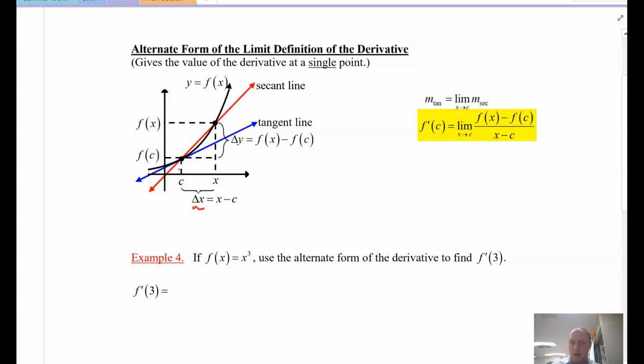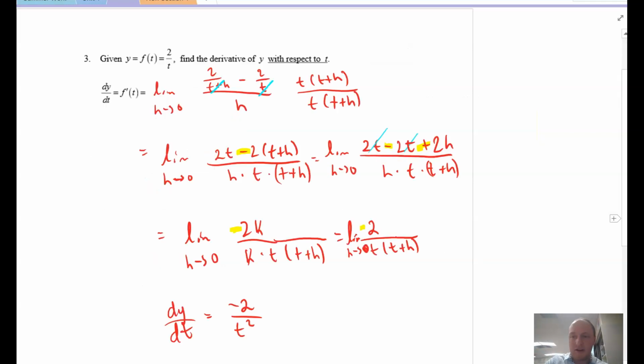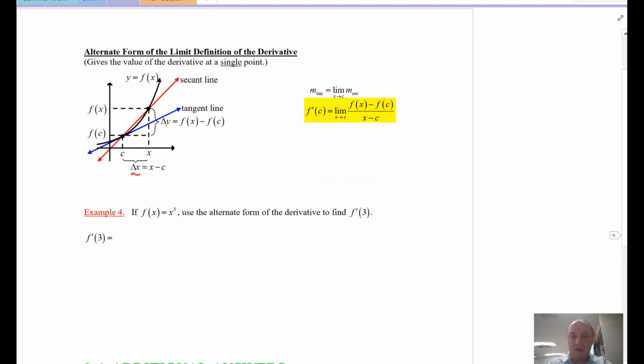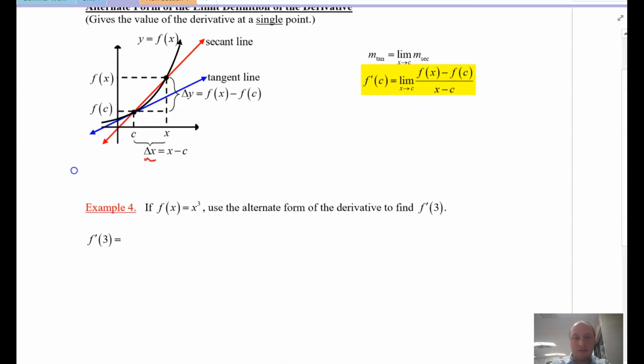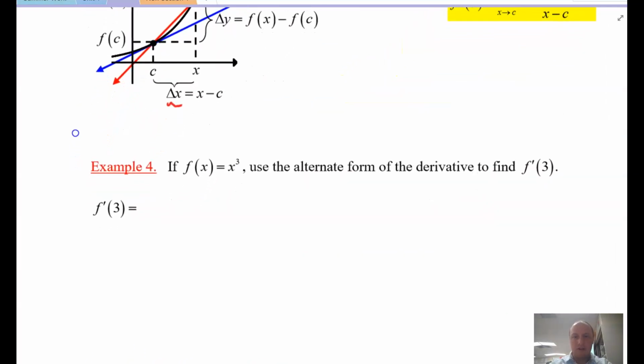Again, this is useful if you want to calculate the derivative at one specific point. If we're calculating the derivative with respect to t or to x and not one point, we need to use the other form. But here we can use the alternate form. So let's look at this example.